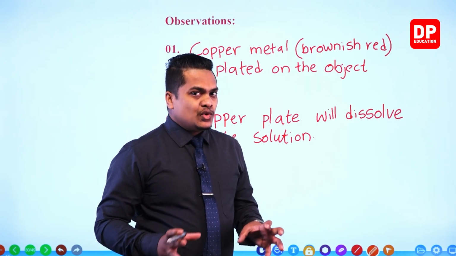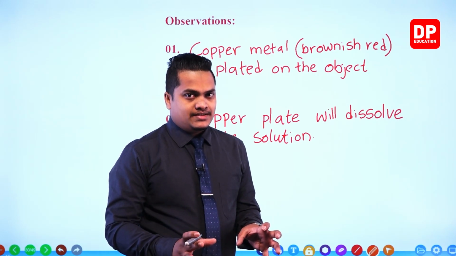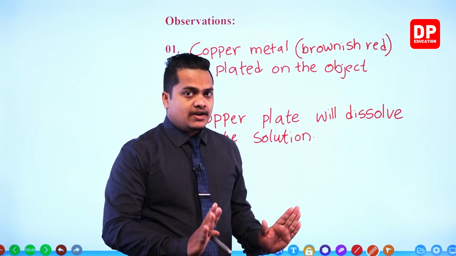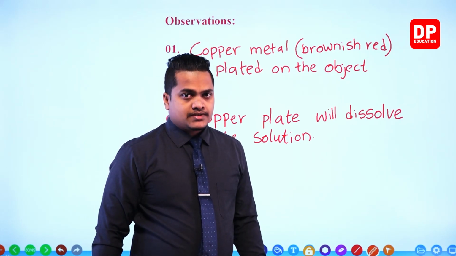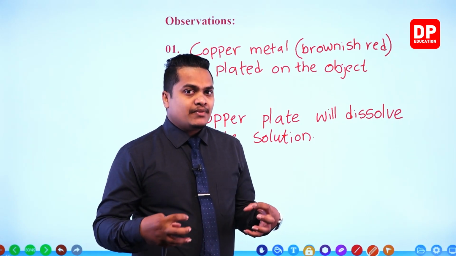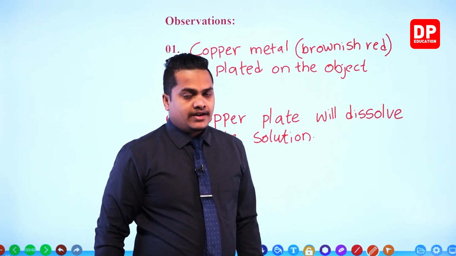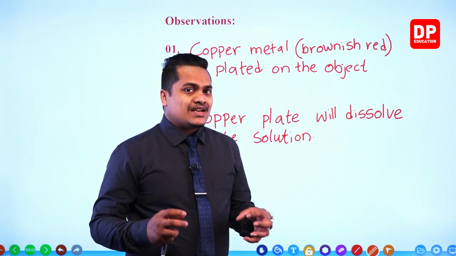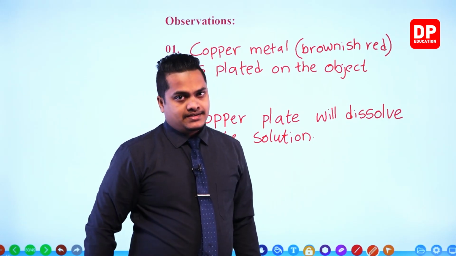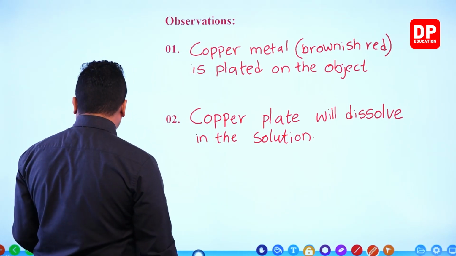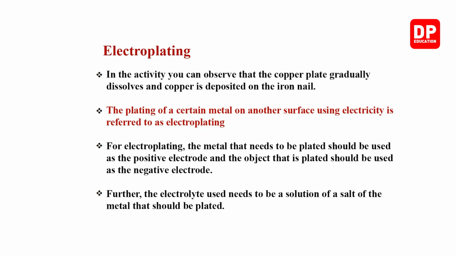So here we use the process of electrolysis in order to provide electricity and to carry out the electroplating process. So electroplating is also a sub-category in electrolysis. Right then, so let's head on to observe the other contents.